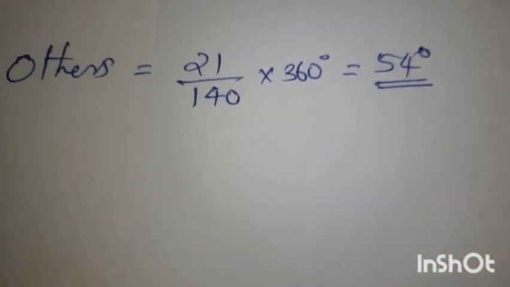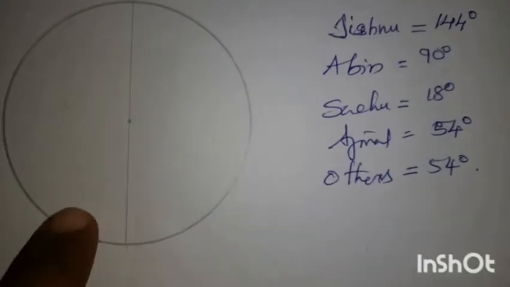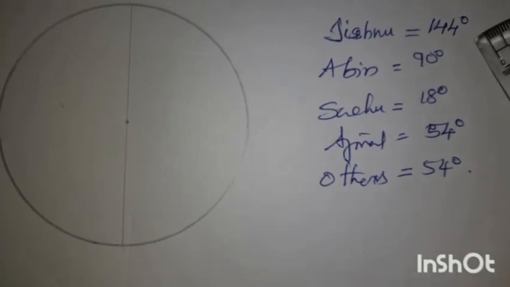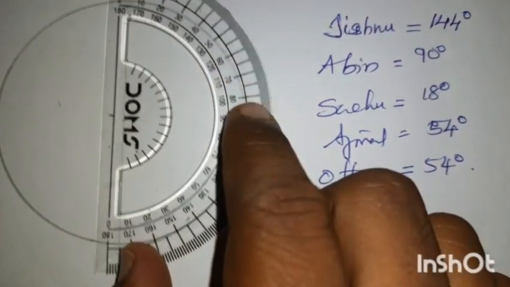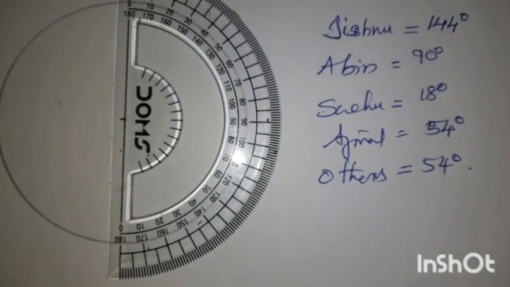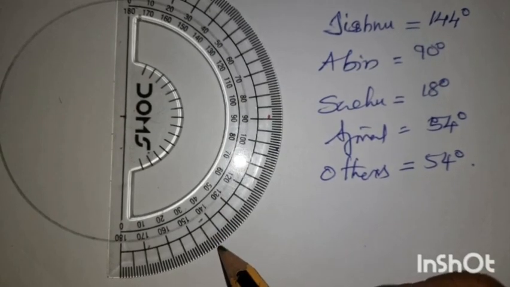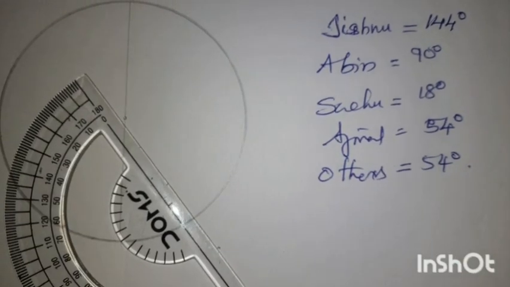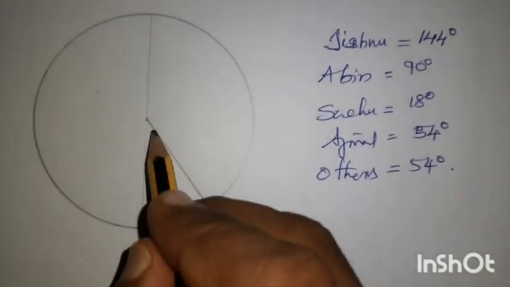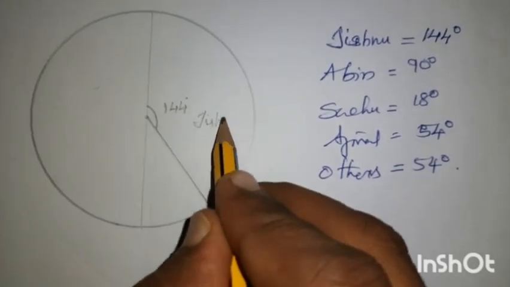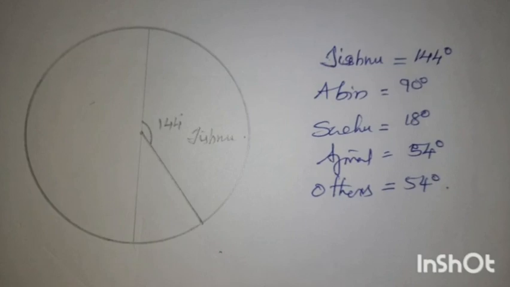Using this you have to draw the pie chart. Draw the circle and make it into half. Then first you are marking 144 degree. So keep the protractor on the line. Mark 144, and draw the line. So this angle is 144 degree. This is for Jishnu's score.